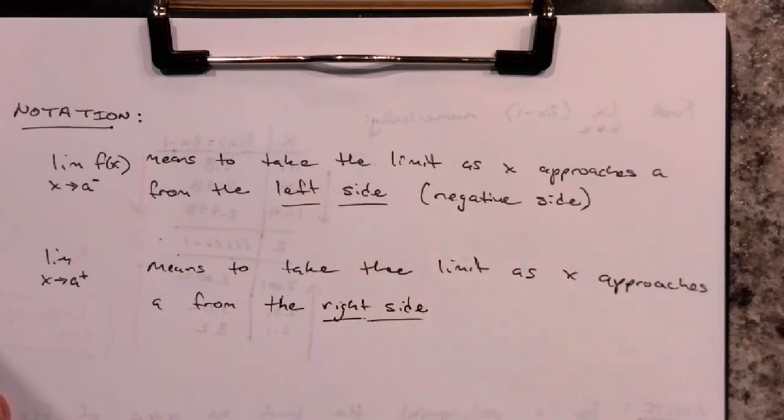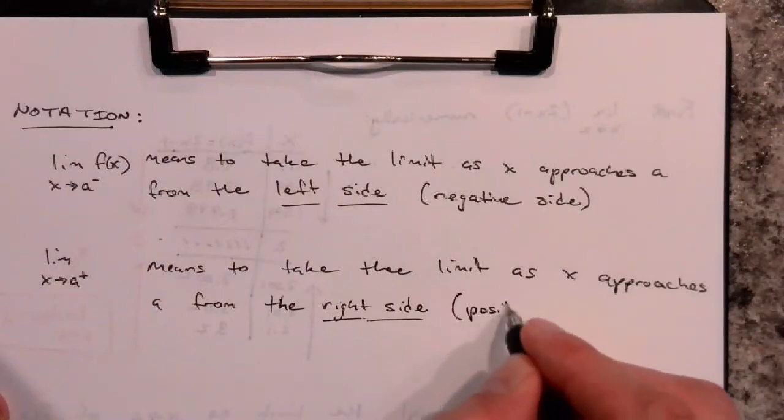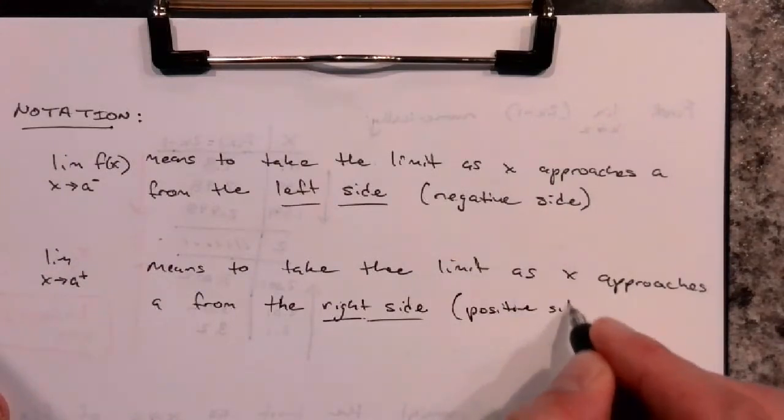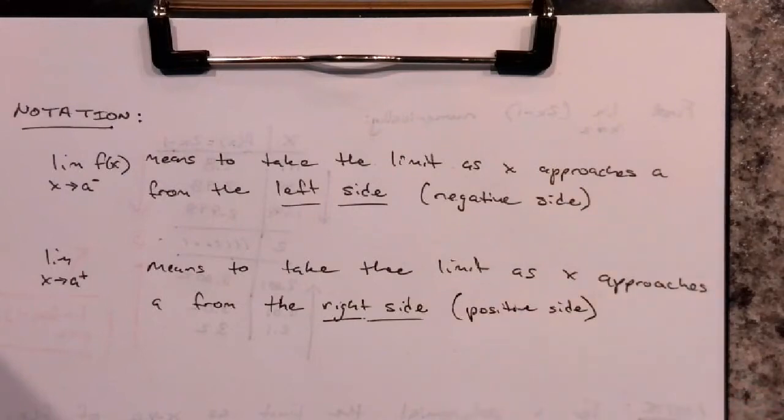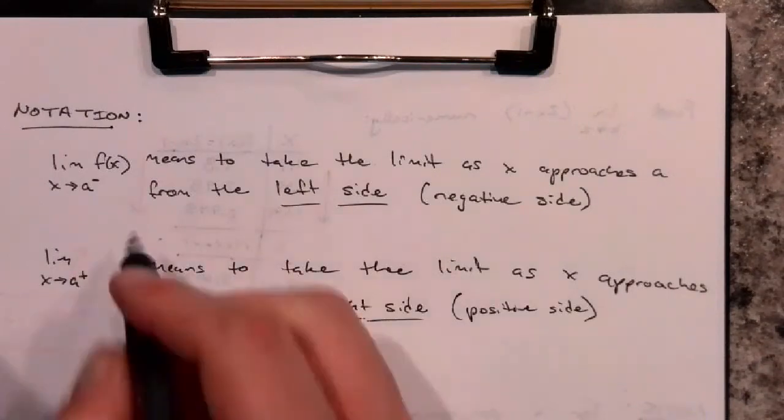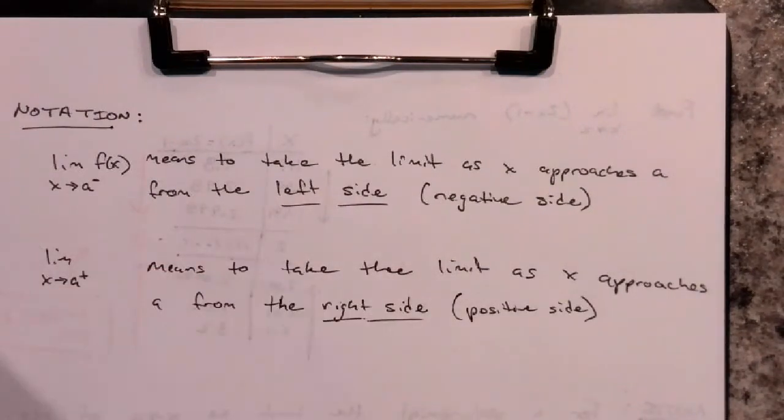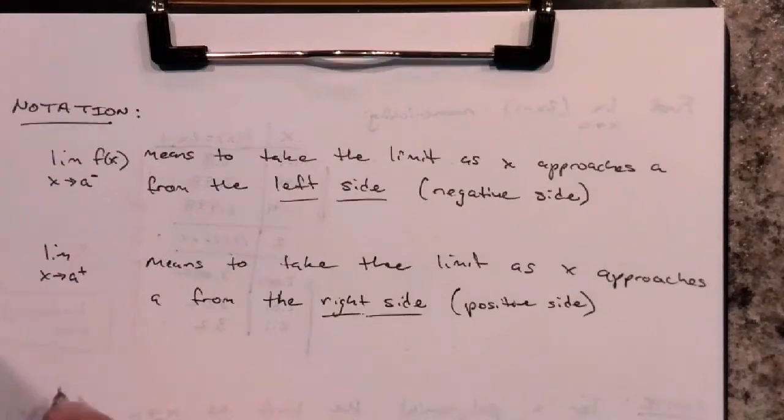The right side meaning from the positive side. That's why there's a little plus there, right? So from the positive side. So basically we have a way of describing checking from the left and checking from the right. So this notation is going to be important because it really tells us how to use our next theorem.